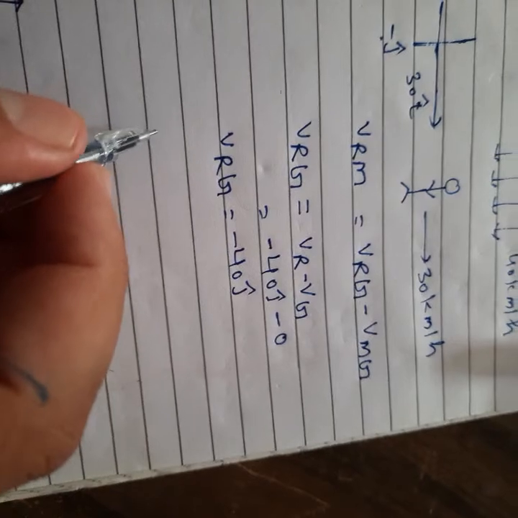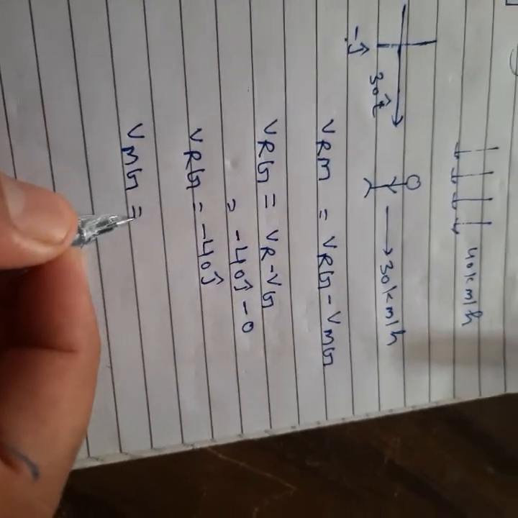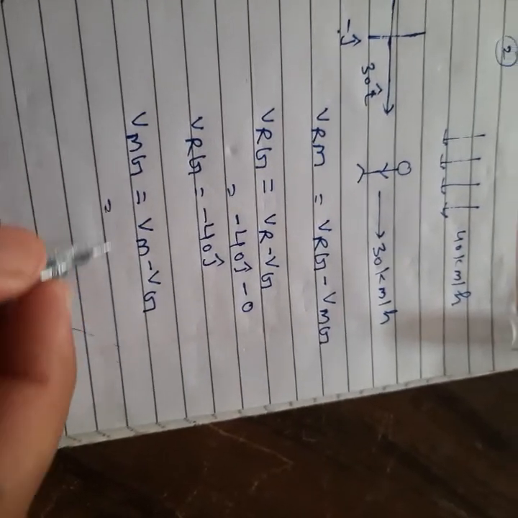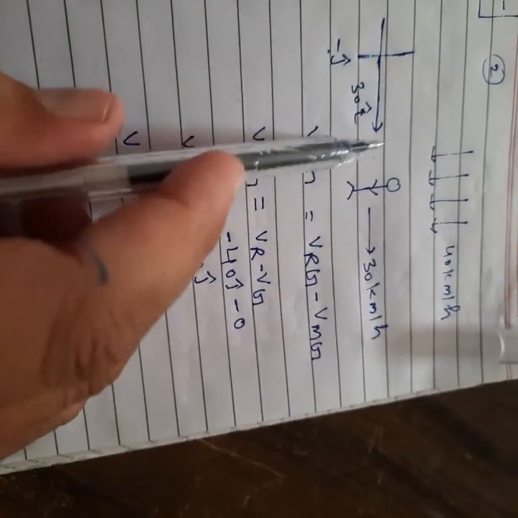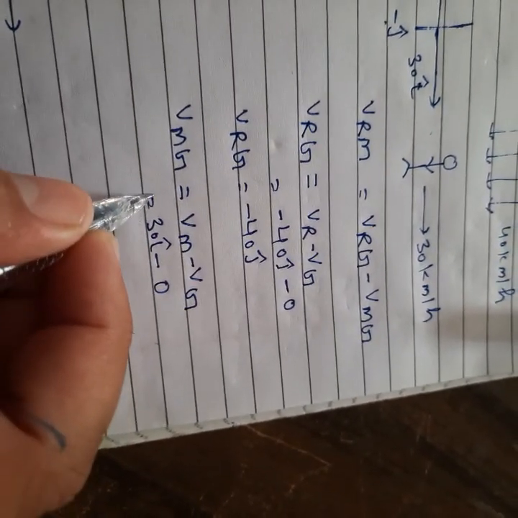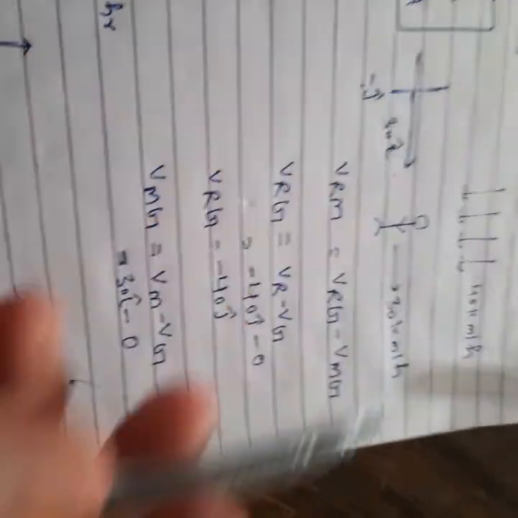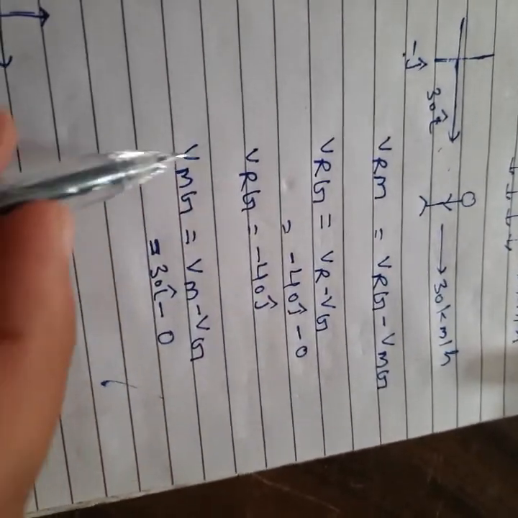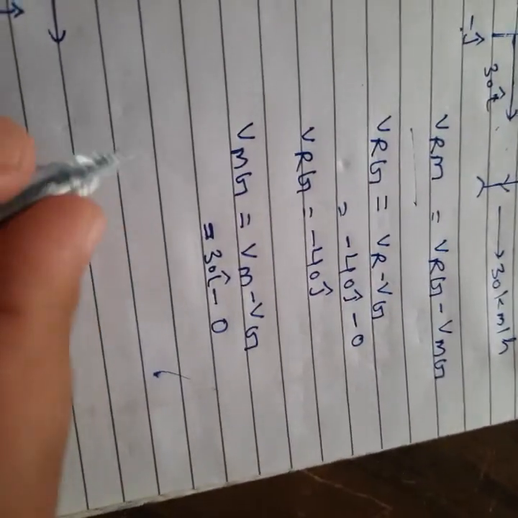Okay or not? Then find out velocity of man with respect to ground. So velocity of man minus velocity of ground is equal to 0, you know that. But man is moving in this direction or not? So we can say it is equal to 30i. It will be positive because he is moving in the positive x-axis direction. So we got that. Now find out velocity of rain with respect to man.